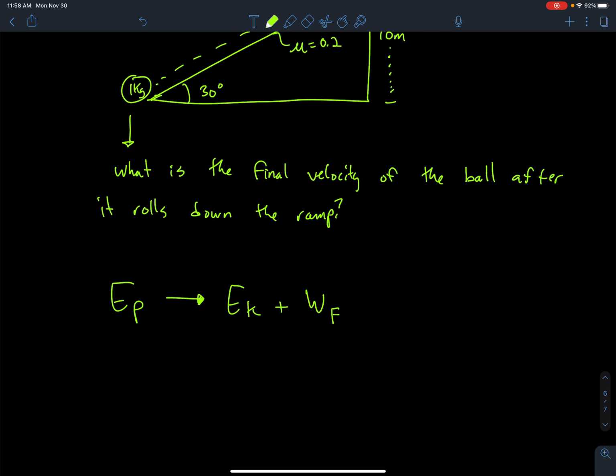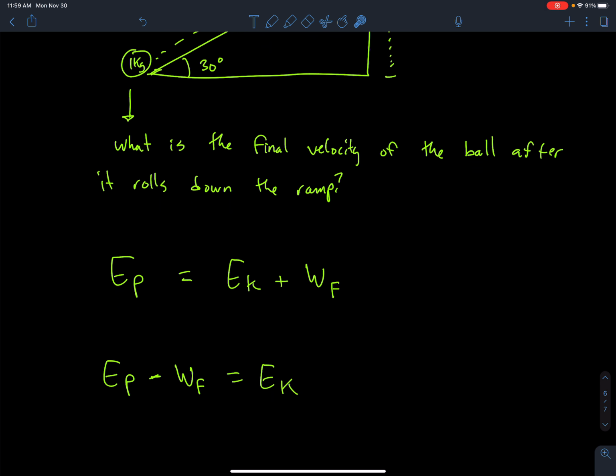So EP minus the work due to friction is going to be equal to my kinetic energy. If I rearrange this equation, my gravitational potential energy minus the work that I did against friction is going to be my kinetic energy of that object at the bottom of the ramp.